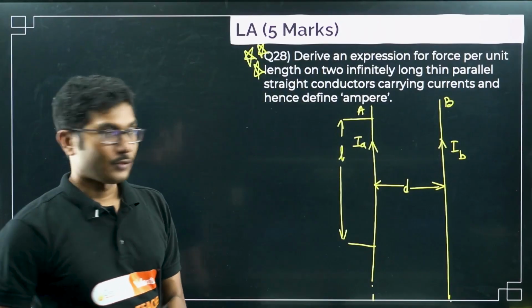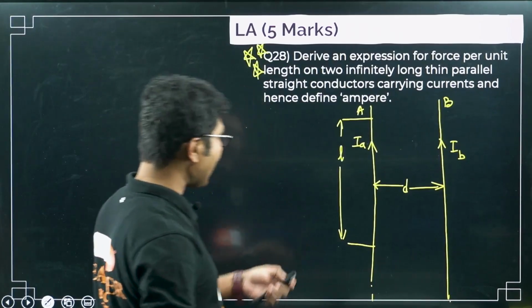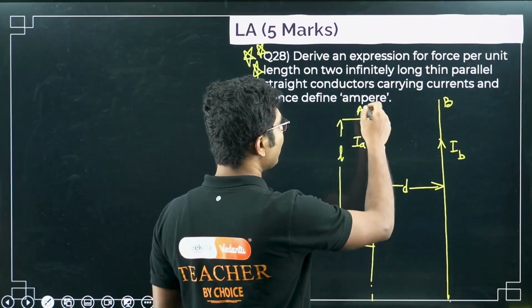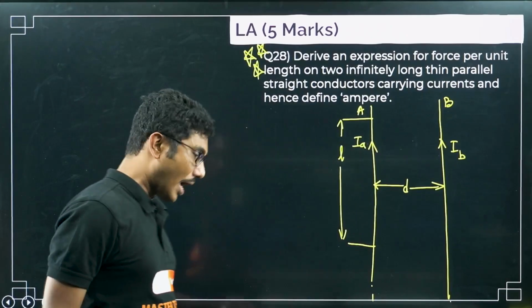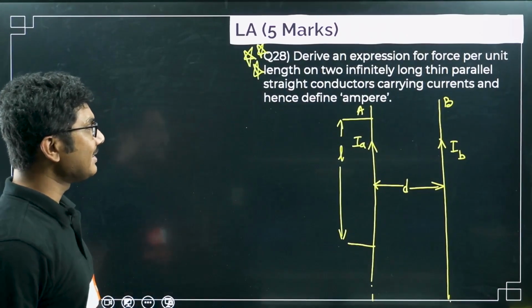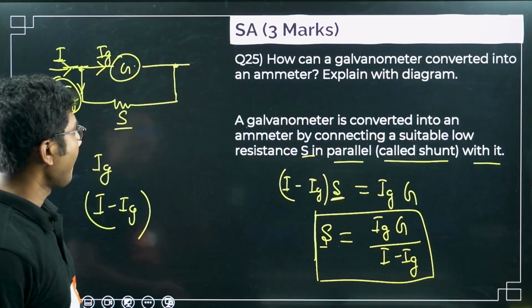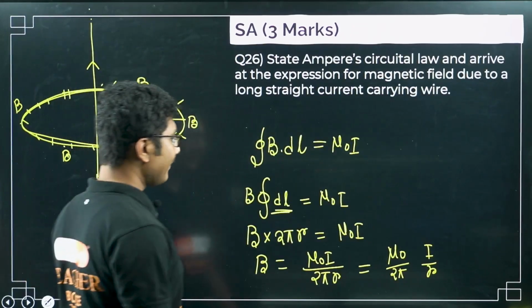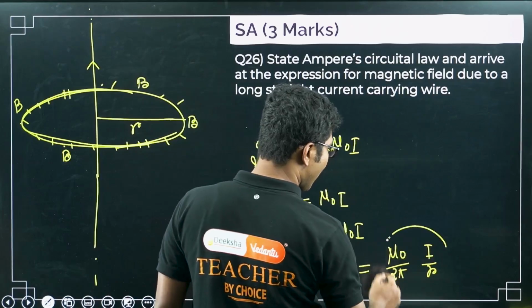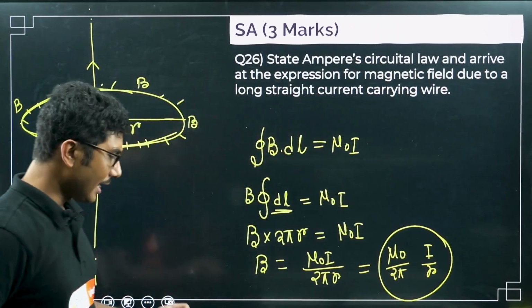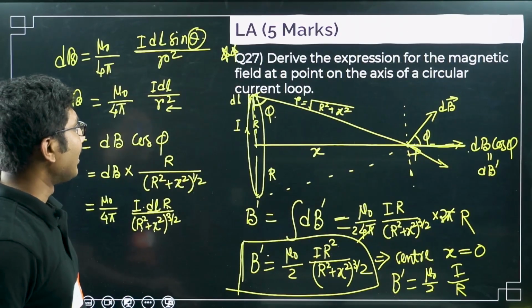Now, if you remember, we have already found the magnetic field due to a straight current carrying wire at a distance R. So what was the expression? The magnetic field due to a straight wire is mu naught by 2 pi, I by R. Now let us apply that.